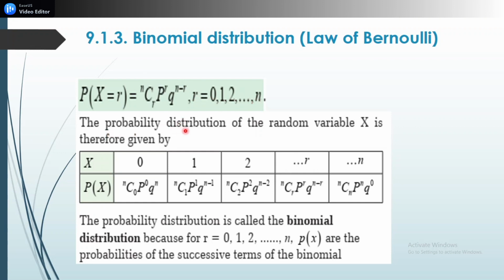The probability distribution of the random variable X is therefore given by this table of probability distribution from 0 to n.